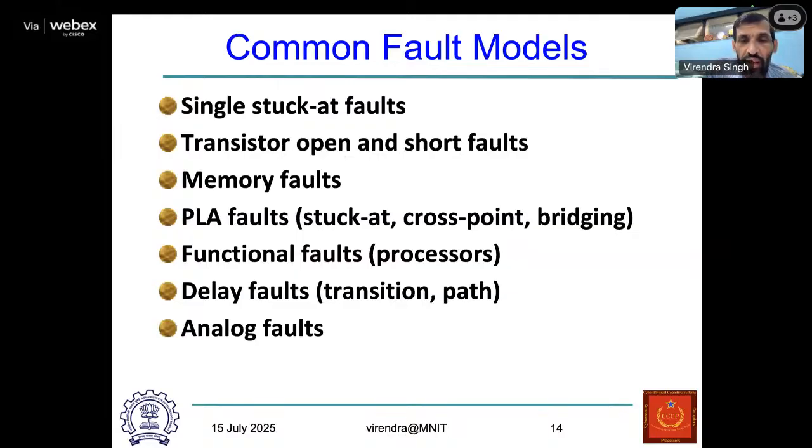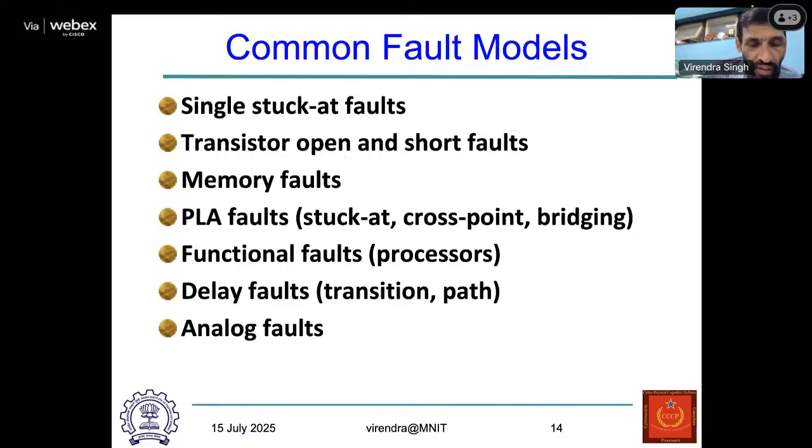There are switches in between, which can provide the connectivity. And then looking at their functionality, newer fault models were developed for that. One is of course the stuck-at fault model that we were using earlier.